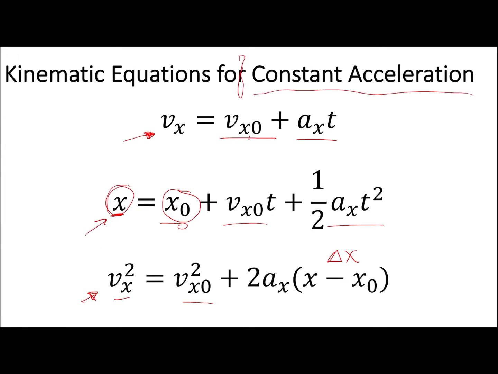These are kinematic equations for constant acceleration. I cannot put 2 different accelerations into any one of these equations. It's fine to have 2 different velocities, an initial velocity and a final velocity. The same is not true for acceleration. Acceleration should be constant throughout.